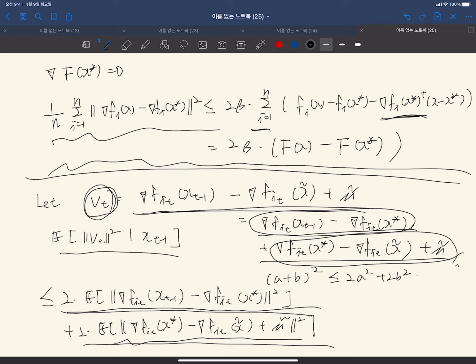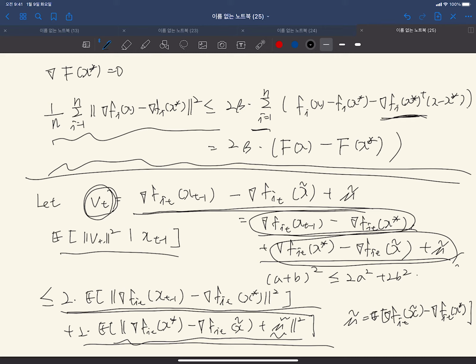We know that mu tilde is the expectation of the gradient of fit x tilde minus the gradient of fit x star.